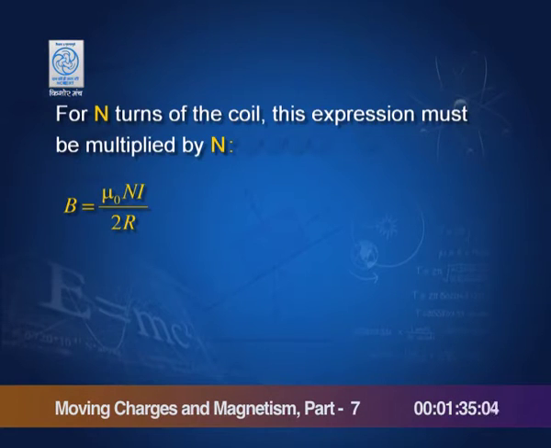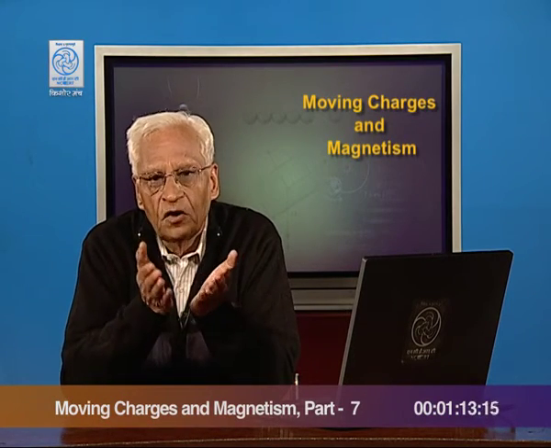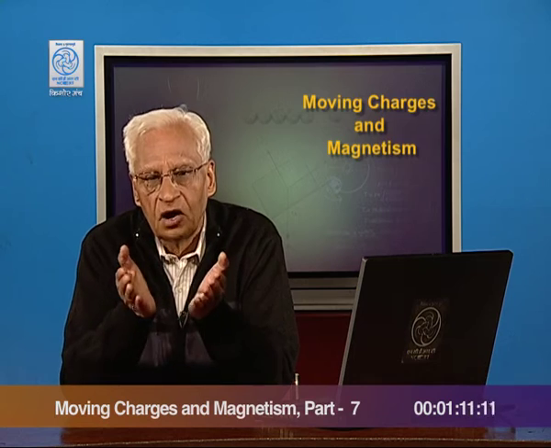And if there are n turns of the coil, you see solenoid which we were discussing last time, then the field becomes mu 0 n I by 2 r, because each turn of the coil contributes to the magnetic field.